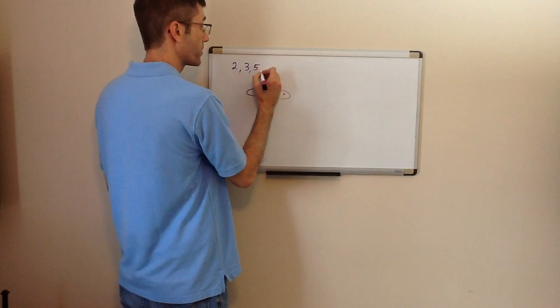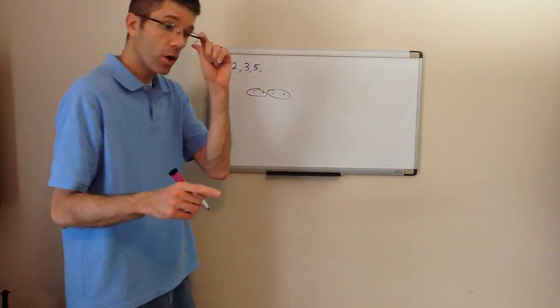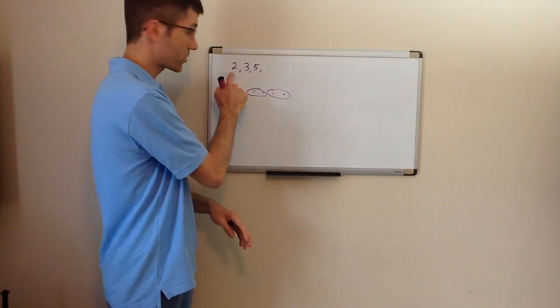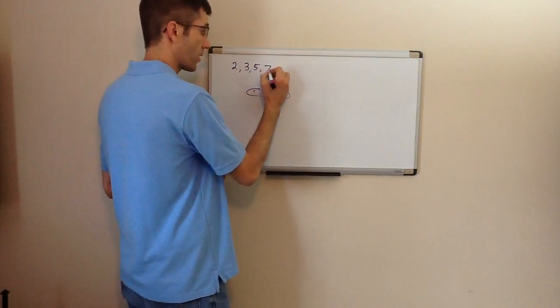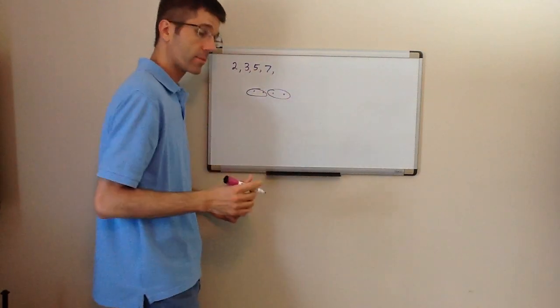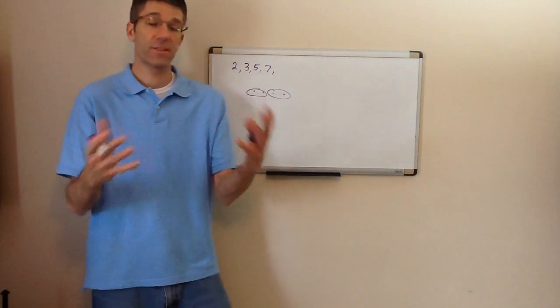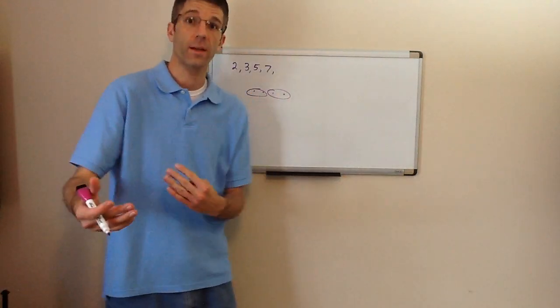But 5 is prime. 6 is not. 6 is an even number. No even number is prime except for 2. 7, we've already talked about that. 7 is prime. 8 is even. 9, if I had 9 students, I could have 3 groups of 3.